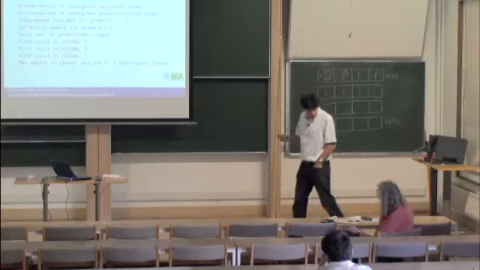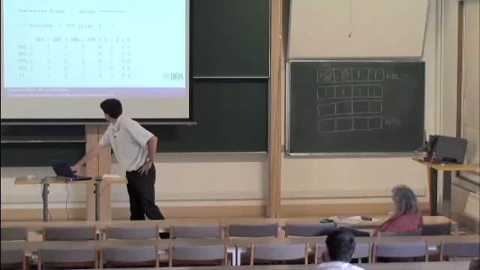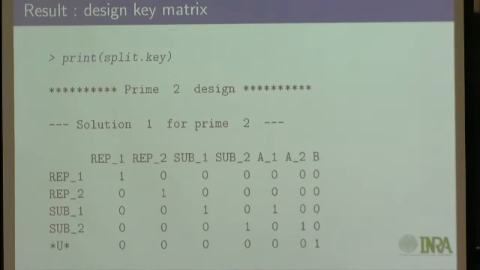So behind, the analysis of the model is a bit different, but it's exactly the same algorithm. We deduce from these specifications the factorial terms which must not be confounded with the mean. We decompose into pseudo-factorial terms when some numbers of levels are not prime. Here there is just one prime involved too, so there is a search for the solution. And the solution is here.